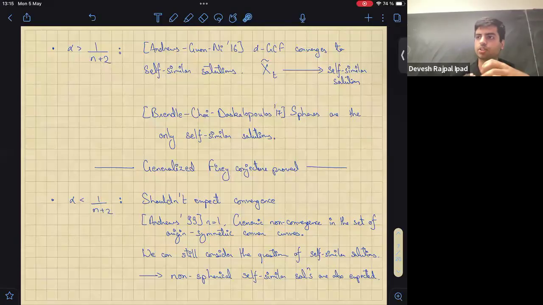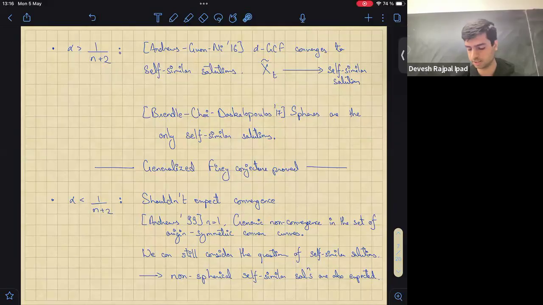There exist large open sets in the space of origin-symmetric convex curves where this flow doesn't converge. Particularly, its isoperimetric ratio was blowing up, which obstructed the convergence of the flow.